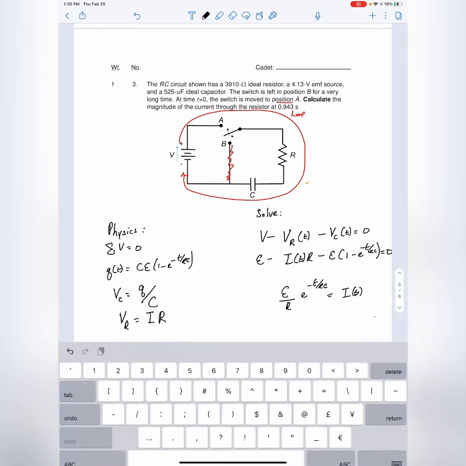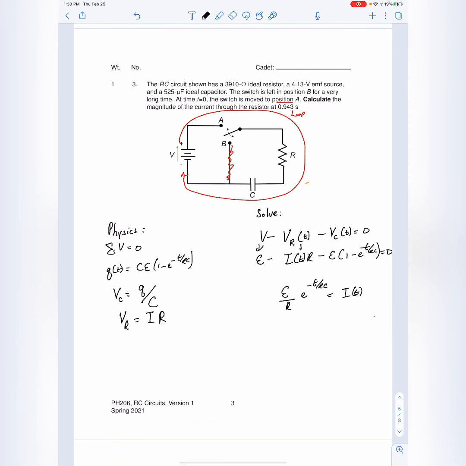Now I have everything set up. It is basically the same format. And at the end of it, you should get this equation. That equation is going to equal 0.943 seconds, the timing that we're calculating, and that will equal 6.67 times 10 to the negative 4 amps.